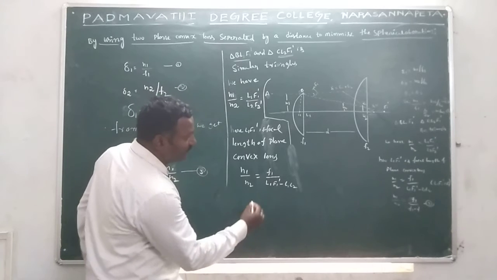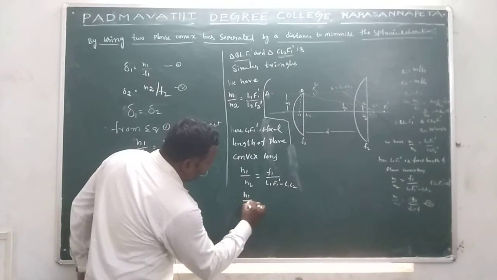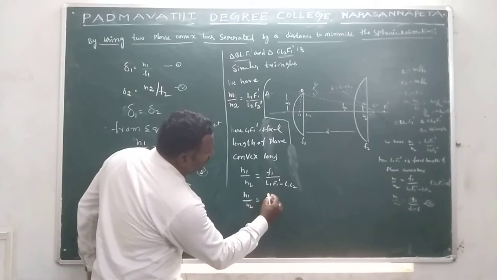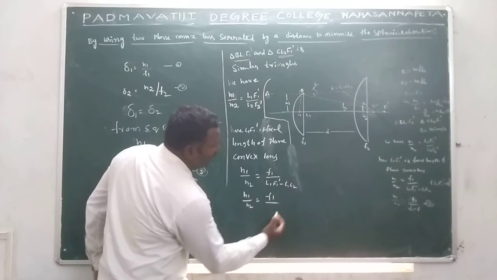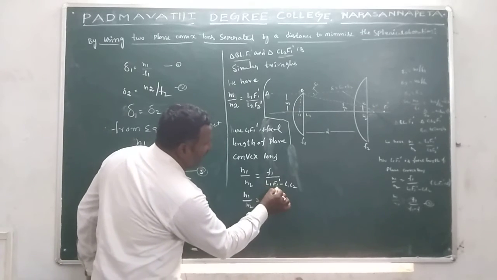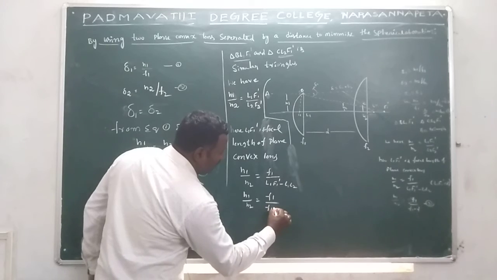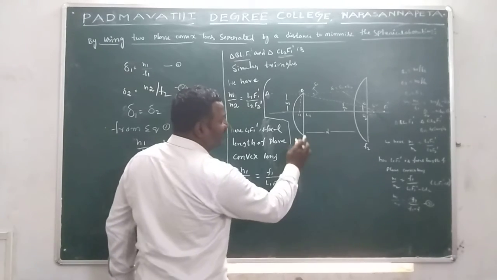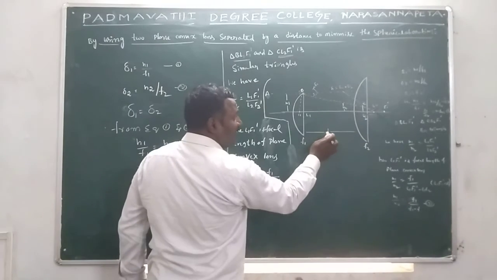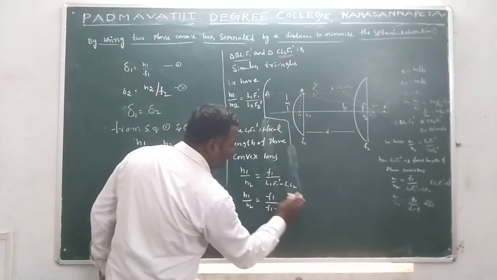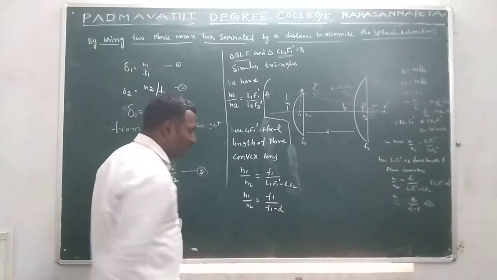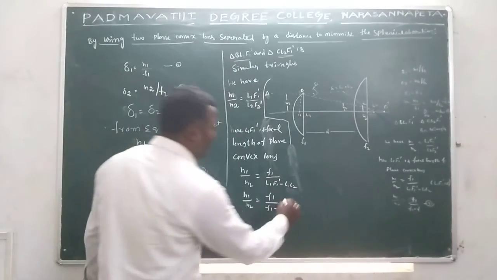So here H1 by H2 is equal to F1 by F1 minus d. The distance between lens 1 and lens 2 is denoted by small d. This is equation 4.